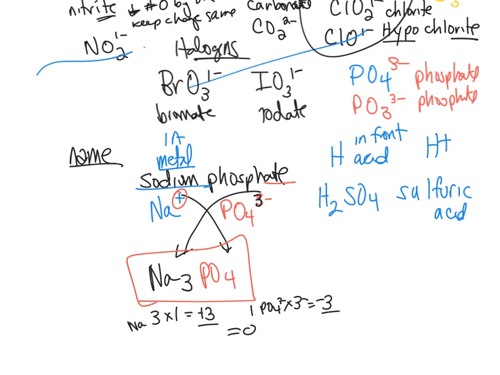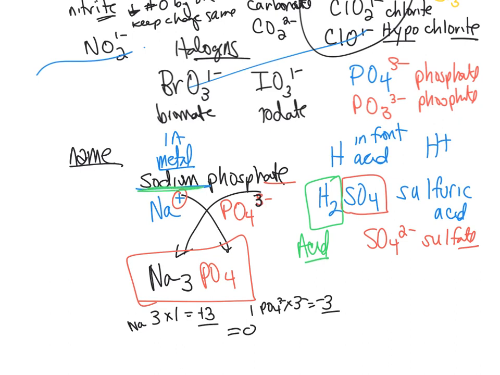You have to know that that's sulfate. You memorize that. And when you have hydrogen in front, that's when you need to go, oh, this is an acid. Remember, it's the first element. If you have H in front, then you need to follow the acid rules.